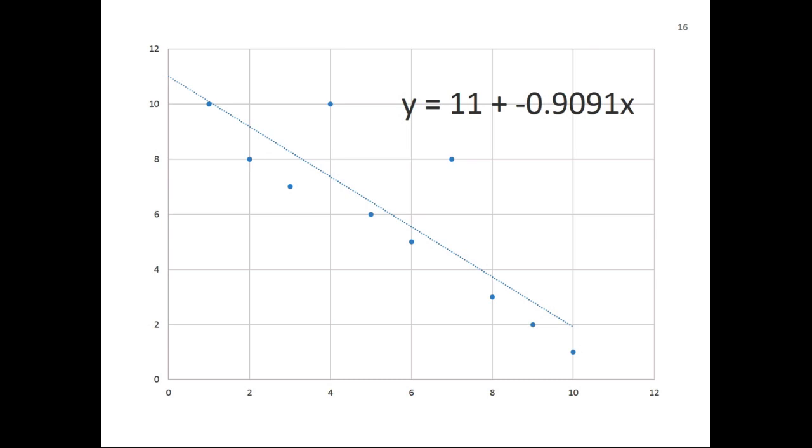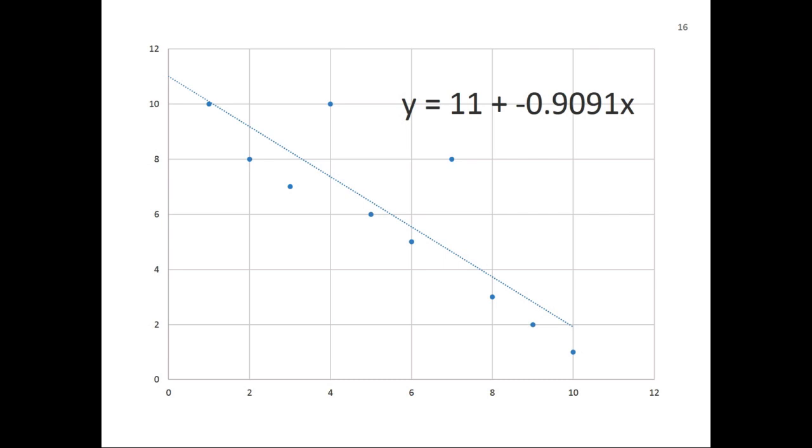Then we can see when x goes from 1 to 2, y goes from 10 to pretty close to 9. And then we can continue with that. When x goes from 2 to 3, y goes from close to 9 to close to 8, and so on and so on. It's not exact because we're subtracting about 0.9091 each time, but this is more realistic for what you would see in your data.